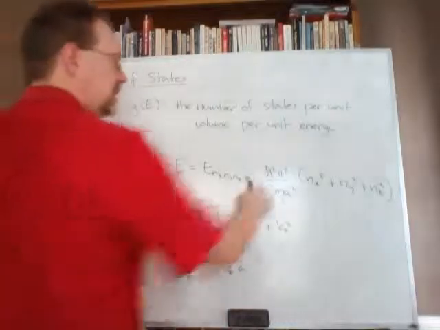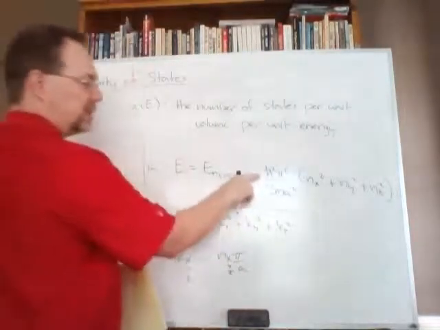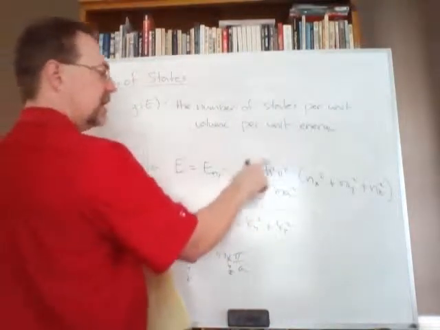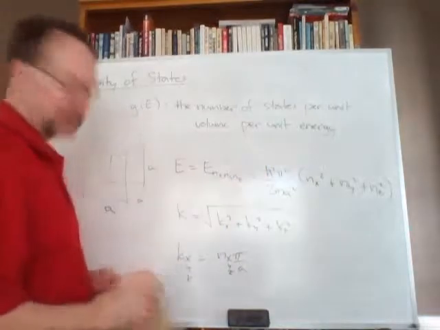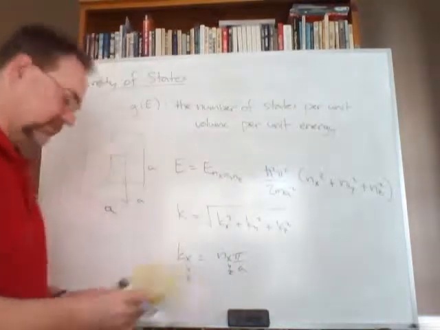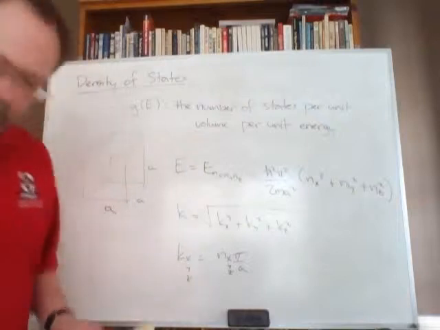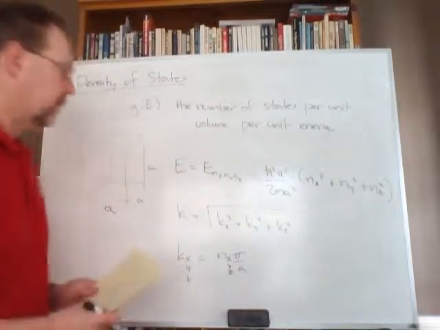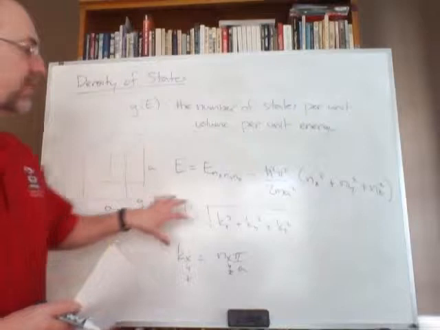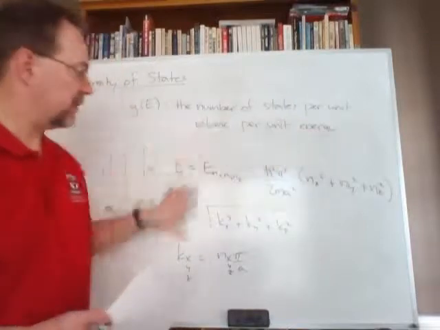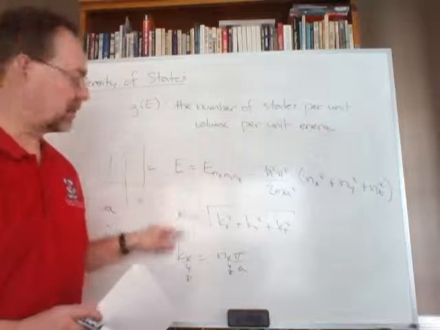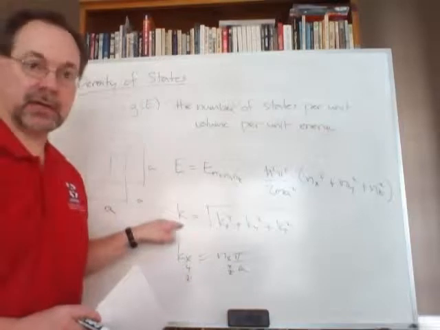So we can see that the energy is actually h bar squared k squared over 2m. For each positive integer, that gives us an energy, and it determines a value of k also.